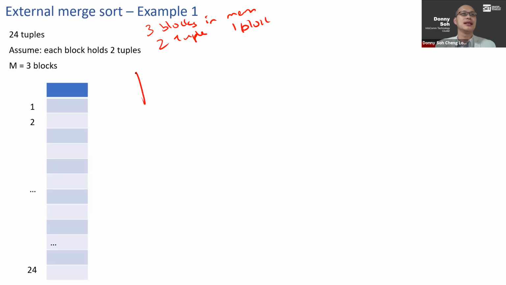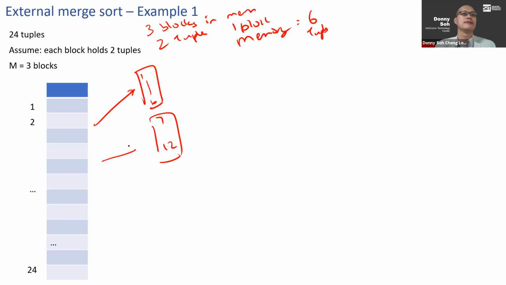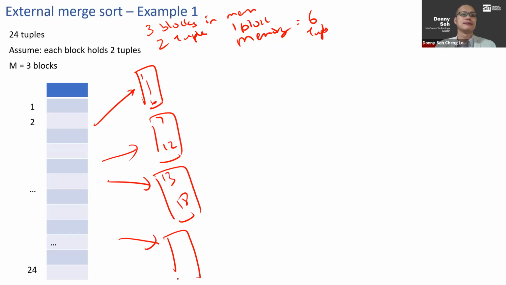So this means my memory can hold 6 tuples. So from 1 to 6, 7 to 12, 13 to 18, 19 to 24.